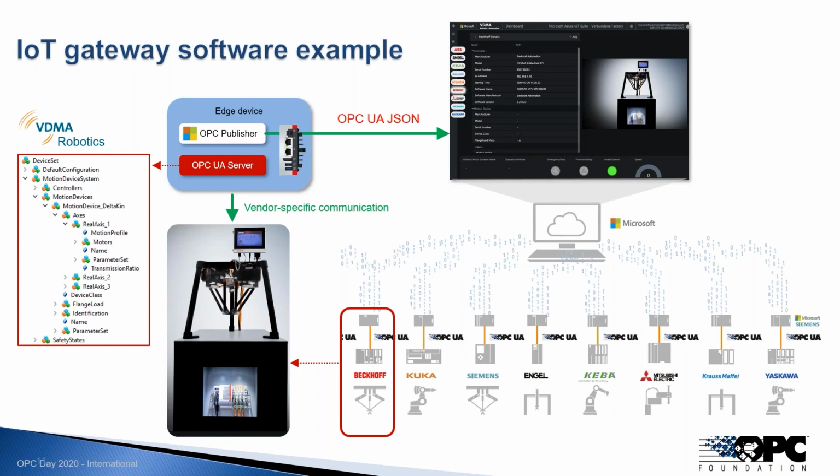The OPC Publisher will be in a position to collect the data and convert it. It doesn't take care of which component is below, right? It just knows the OPC UA server, takes the VDMA robotics information, and pushes it via OPC UA JSON encoding to the cloud system, and the cloud system is in a position to interpret all this data and visualize it in a way that the overall machine or the overall demo is completed.